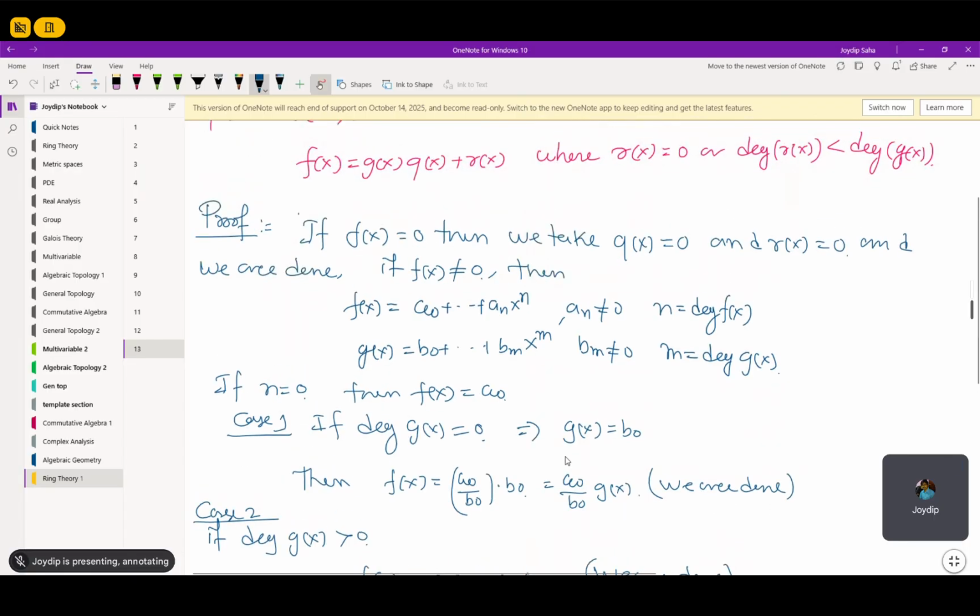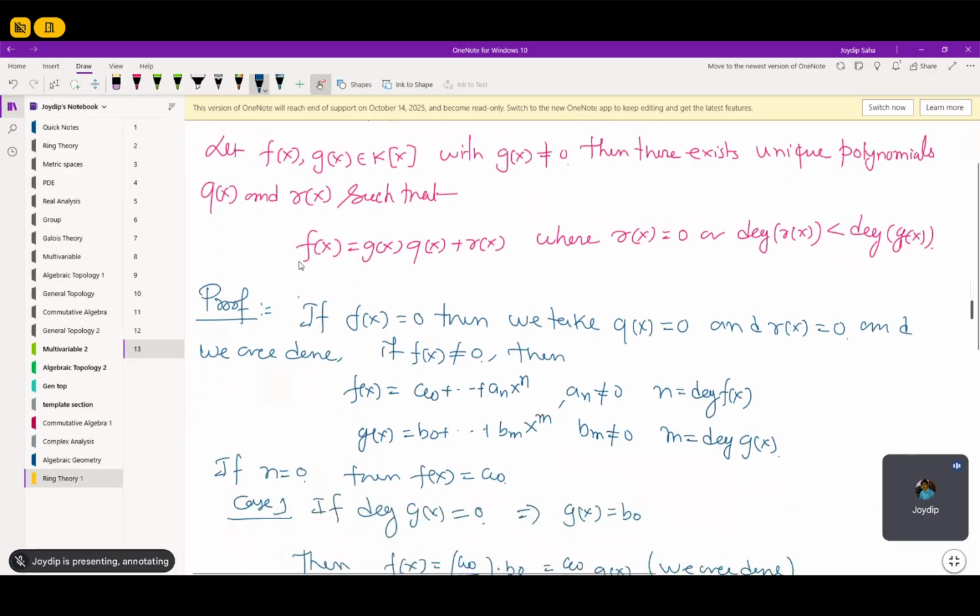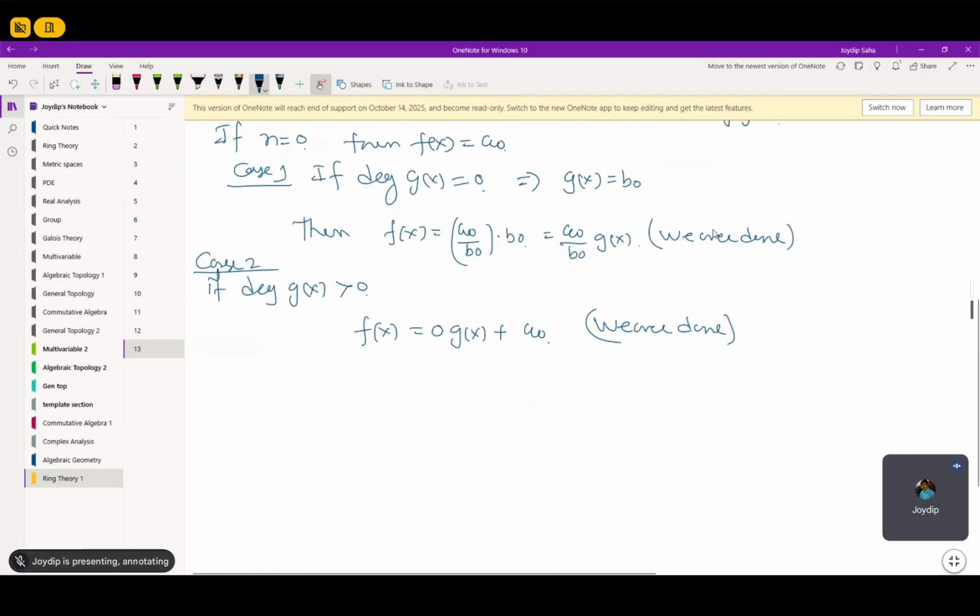So the statement holds. Uniqueness we'll do later, but the expression is done for n equals 0.